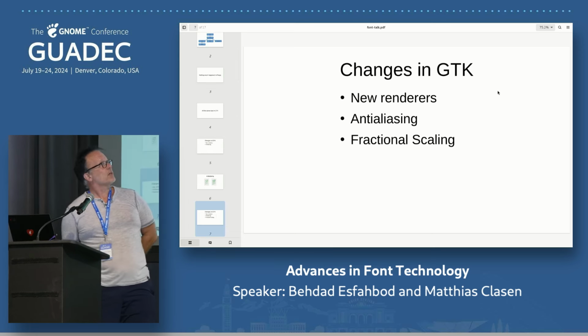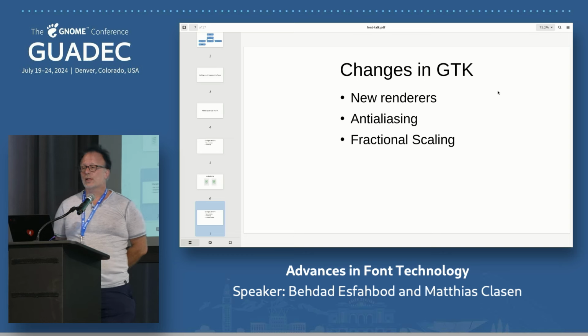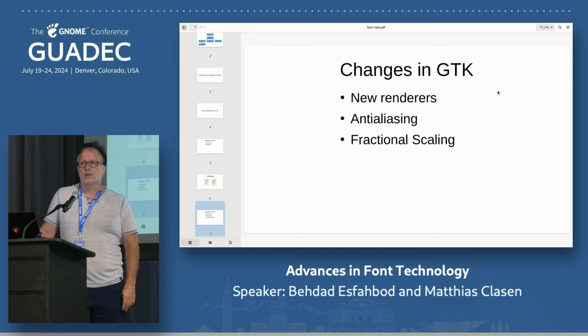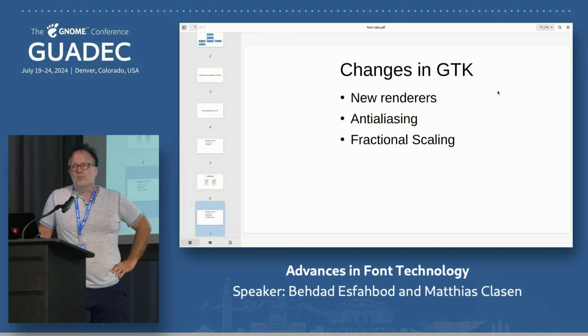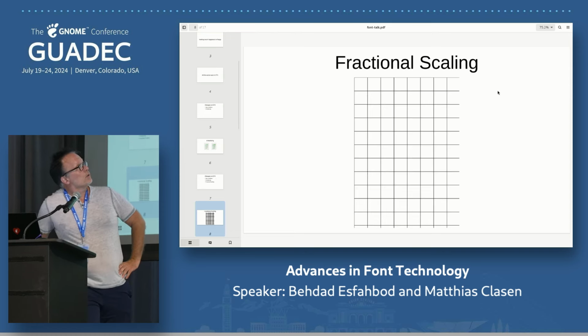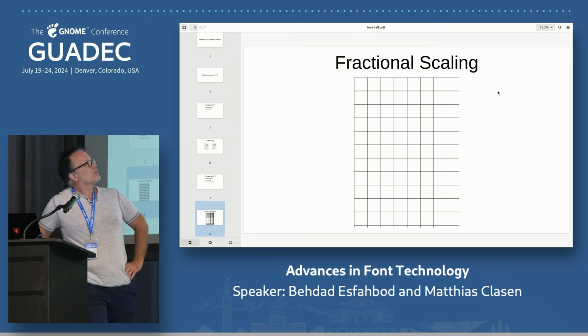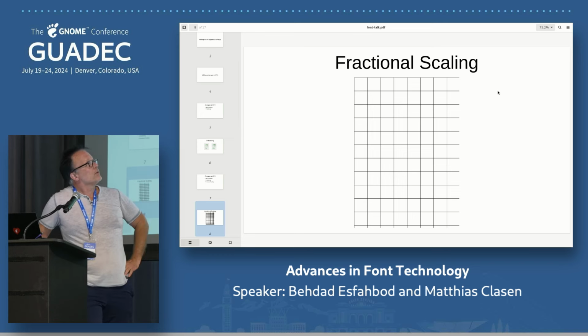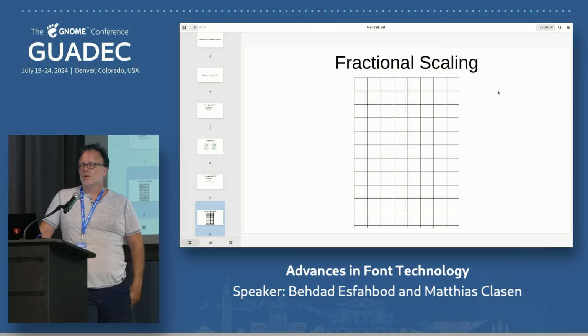Yes, the next thing I mentioned yesterday is fractional scaling. Our renderers now do this. We actually get the proper scale from the compositor, and we try to not render too much. I wanted to show some more pictures here that illustrate what fractional scaling is all about. If the application is rendering to a pixel grid at 1 times, it's just a regular grid.